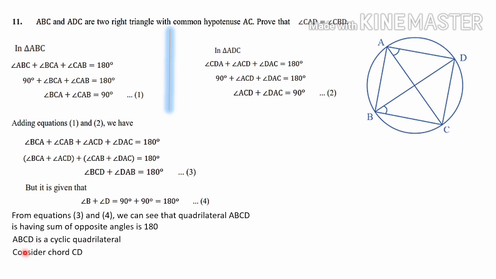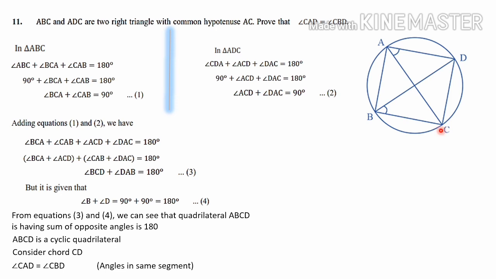So consider the chord CD. Angle CAD and angle CBD. CD is the chord; CAD starts from C, goes to A at the circumference and comes back to D. Again, another angle starts from C, goes to B on the circumference and comes back to the end point D. So they are on the same segment.